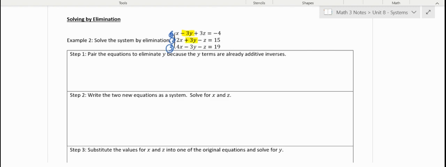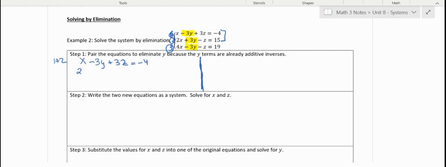I actually have the y's have a lot in common, right? So I'm going to pair up two equations at a time. And I gave you a hint that you're going to solve for y here. So I'm going to first pair up equation 1 and equation 2. If I look at equation 1, I have x minus 3y plus 3z equals negative 4.